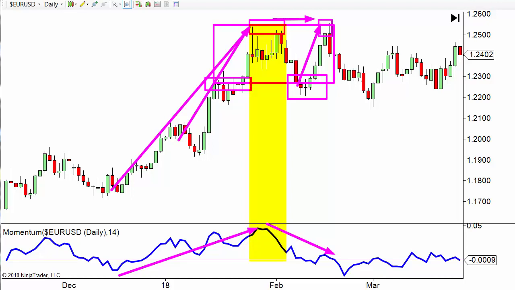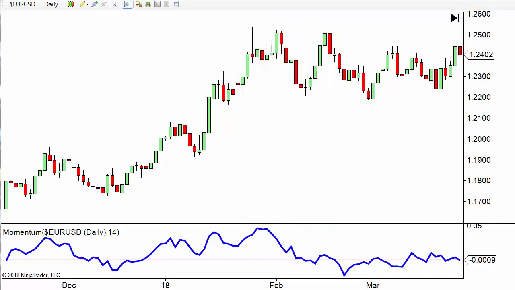Alrighty. But there are some times, and it's not most of the time, it's a minority of the time, that it will give us a different signal than price. So instead of getting, and I'm getting a little messy here, so let's take all that off of there just to make this crystal clear.